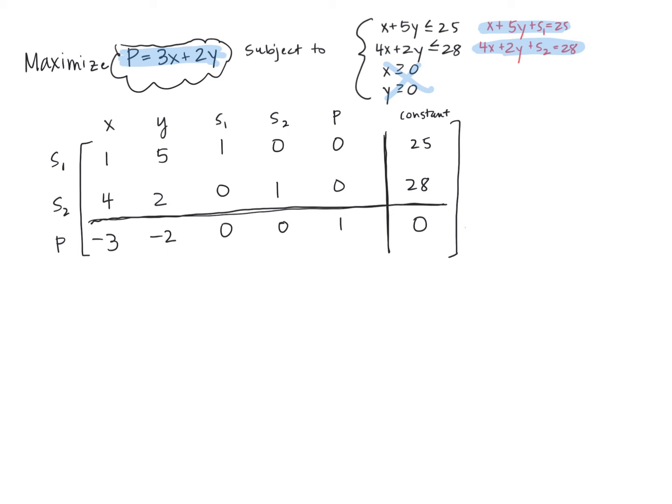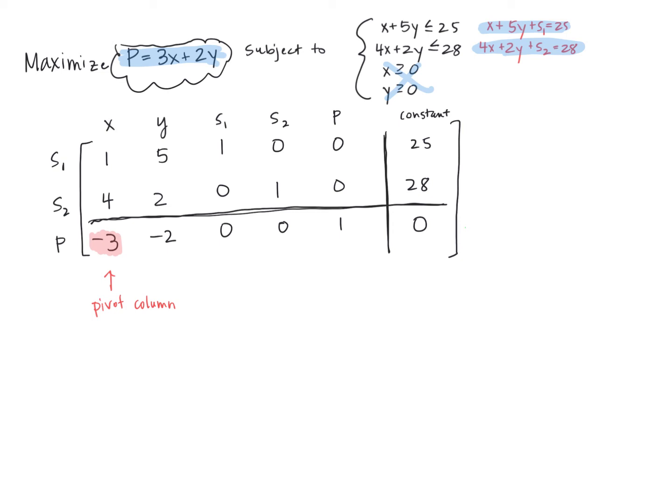That means it's the largest negative number, which is negative 3. So this is going to be your pivot column, because that's the largest negative number in the bottom row. You're always looking at the bottom row when you decide your pivot column.